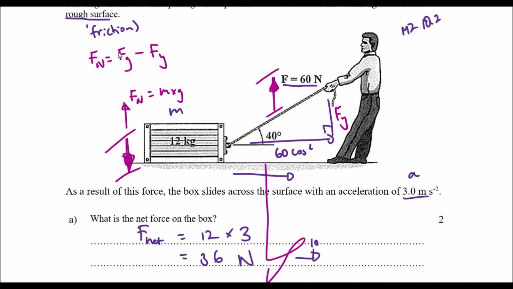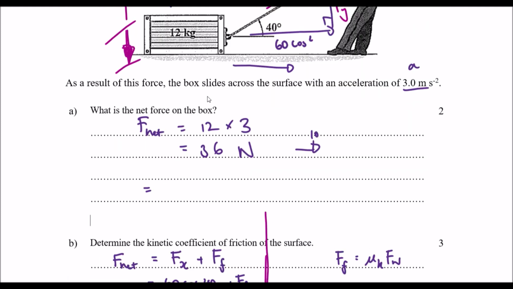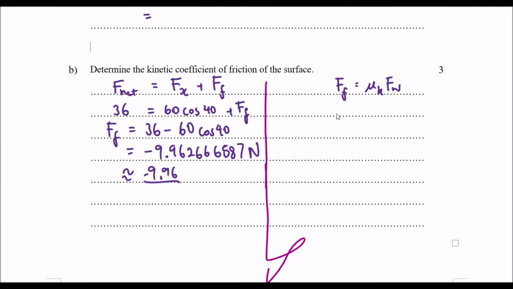So let's write it here: negative 9.96 equals mu K multiplied by 12 times 9.8 minus 60 sine 40.